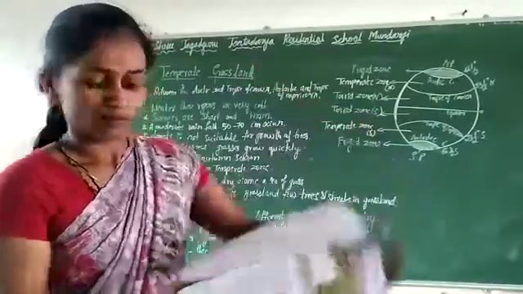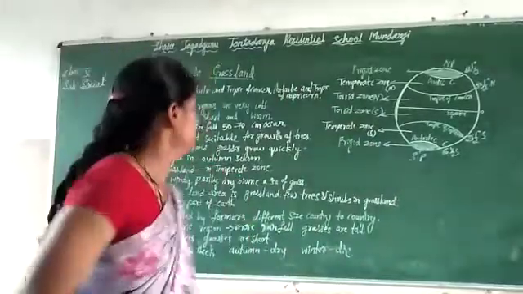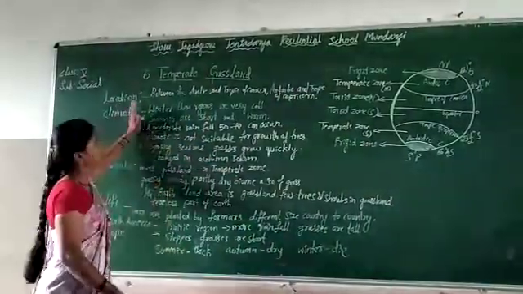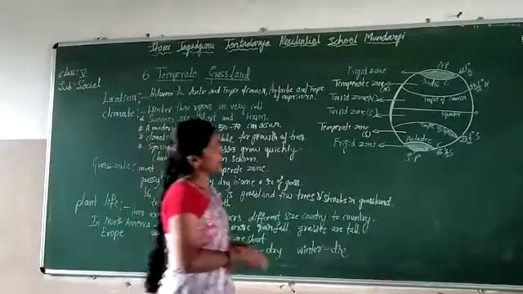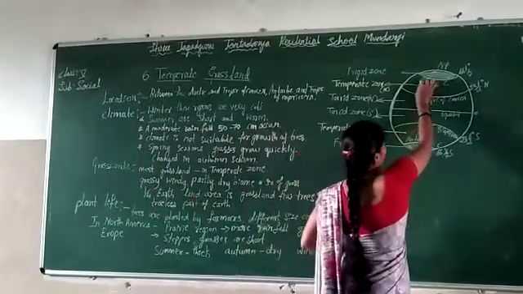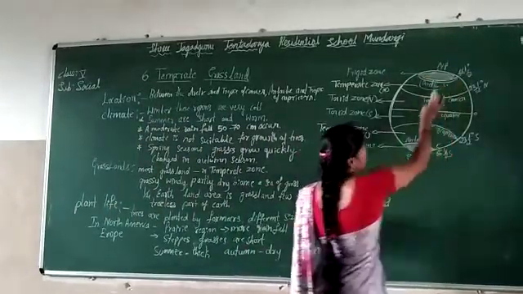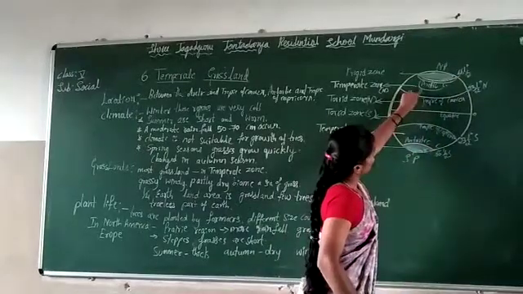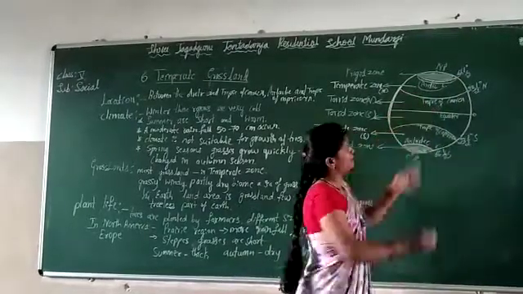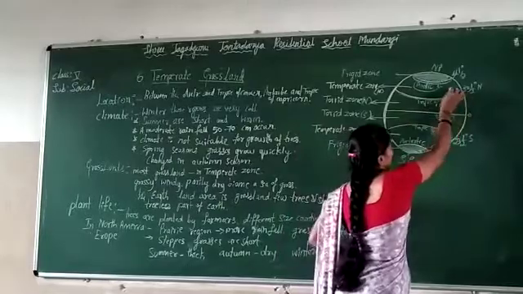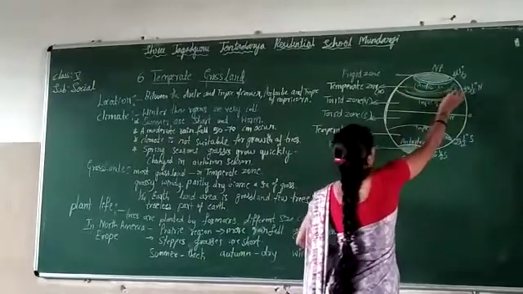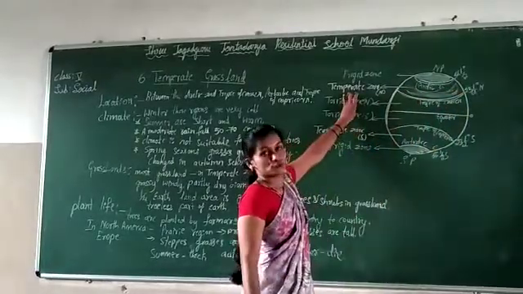So, where is the location of grassland? Here, between the Arctic, this is the Arctic Circle. Between the Arctic and the Tropic of Cancer, these lines, the middle part, we call it the temperate zone.